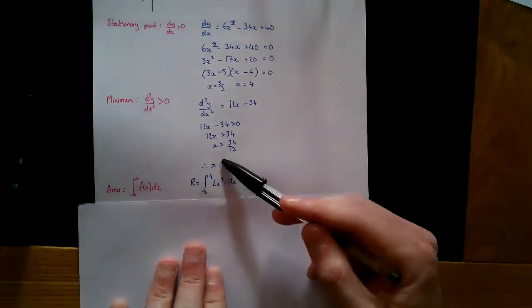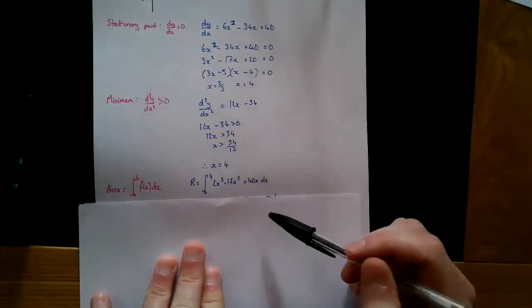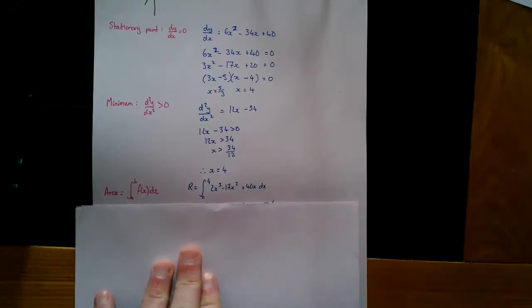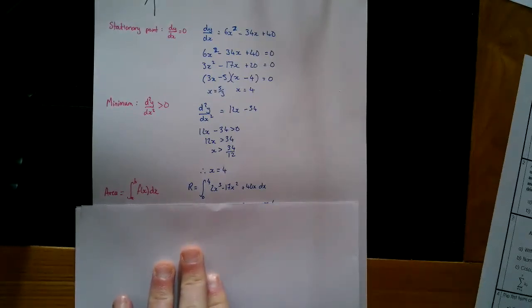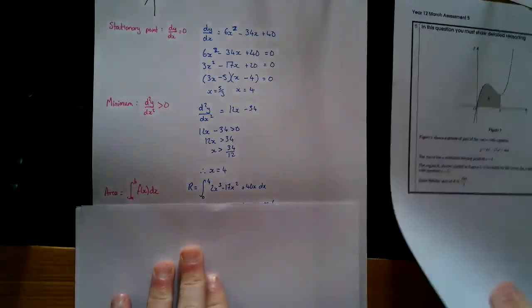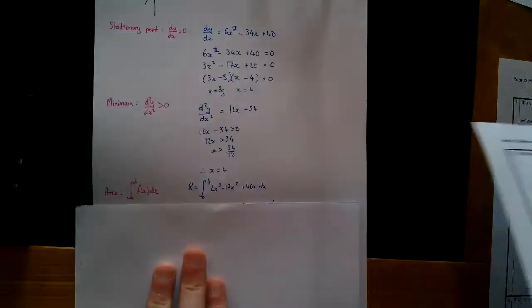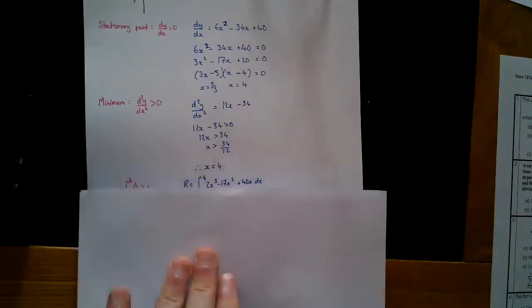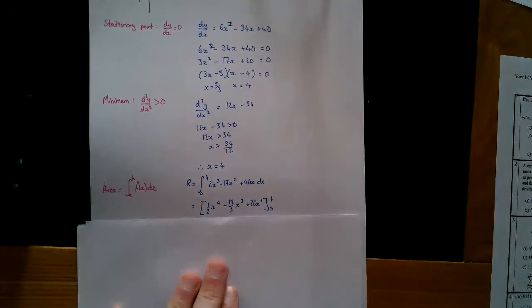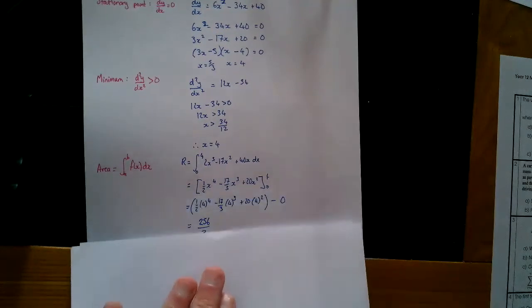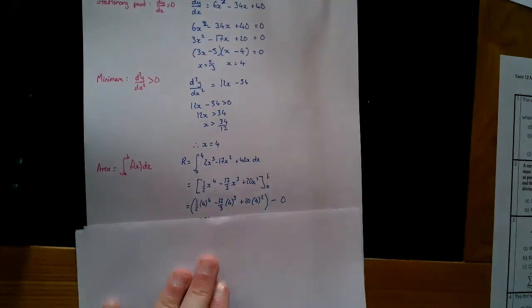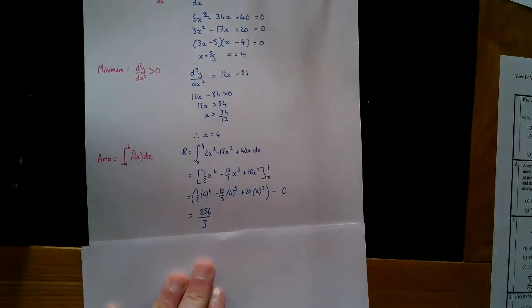So integrate from 0 to 4. We can't use our calculator because the question says, just double check what the question says. It says right at the top block, you must show detailed reasoning. So that means using algebra. So integrate it between 0 and 4. Sub in 4, sub in 0, take them away, and you get 256 over 3.